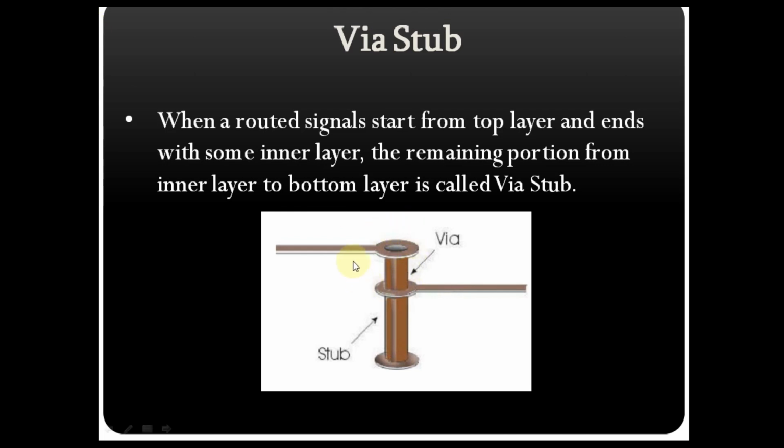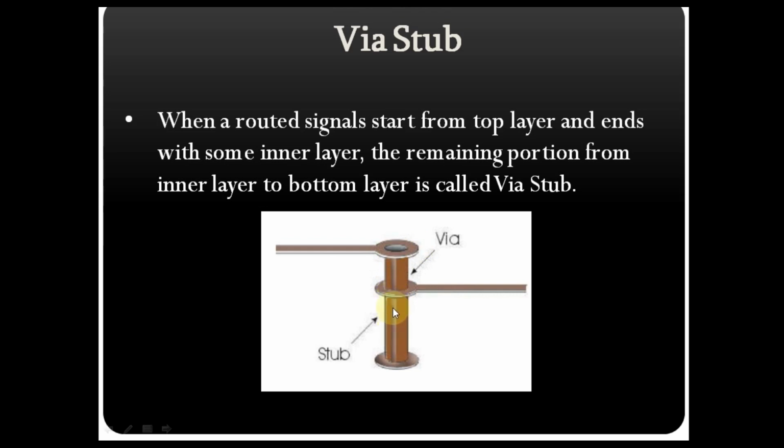You can see in this image one signal is coming from here, and let us say this is the top layer, and it is going to the inner layer. So this is the inner layer. This is called a via, and the remaining portion of this via.